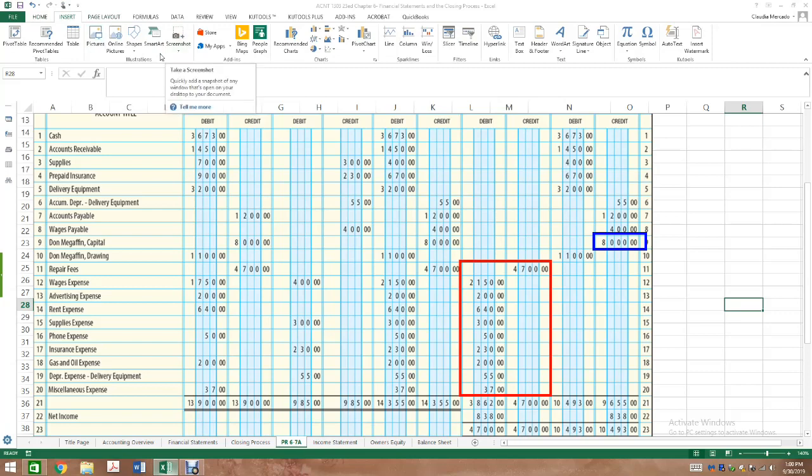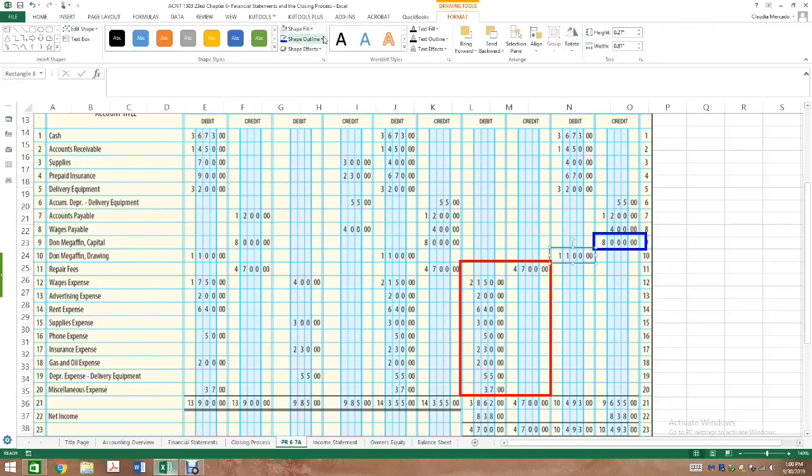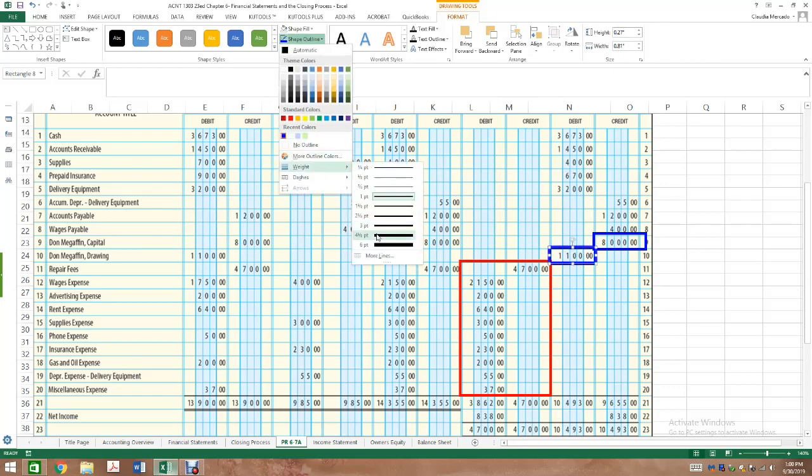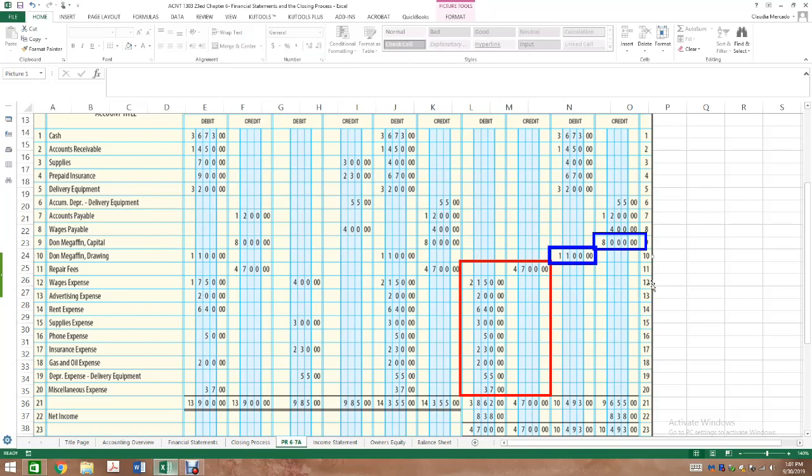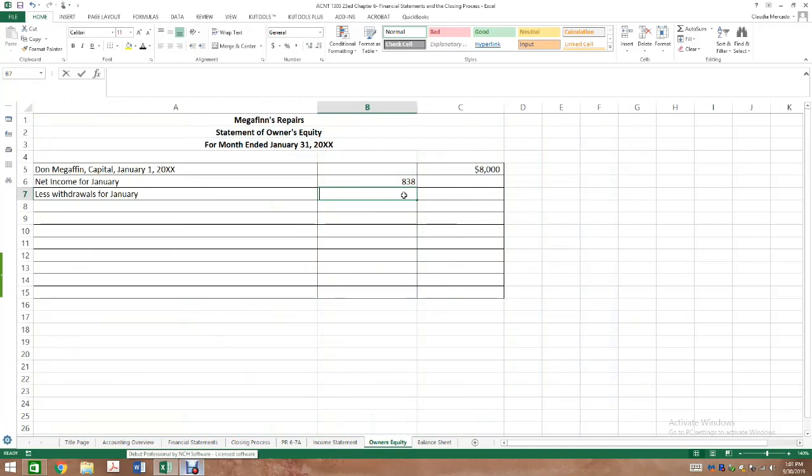I am going to highlight that number here so I know that I've used it, because we need to make sure that we utilize all of the numbers in the worksheet provided. So my drawing was $1,100, and I'm going to put $1,100 here.